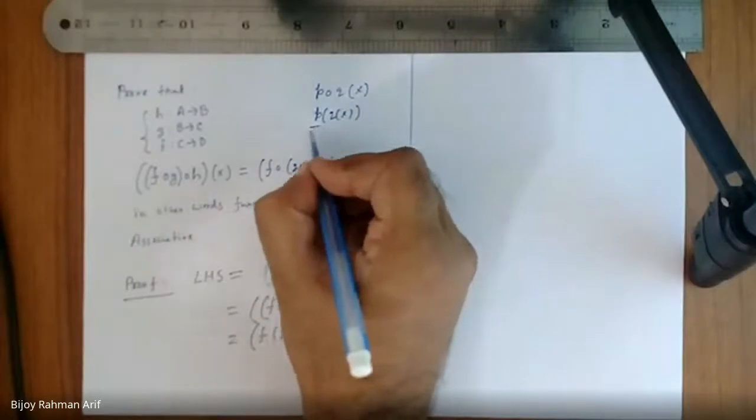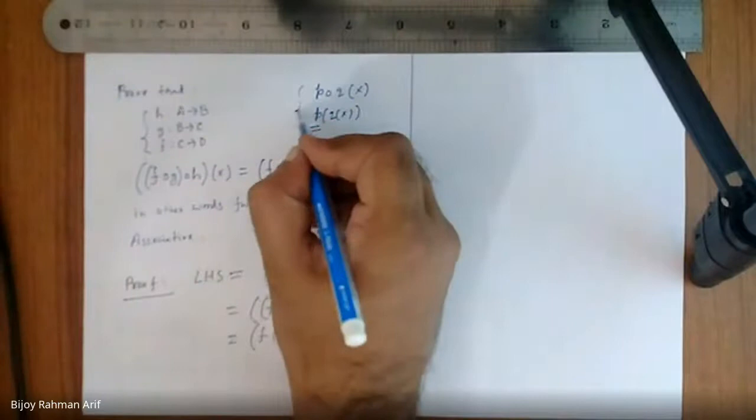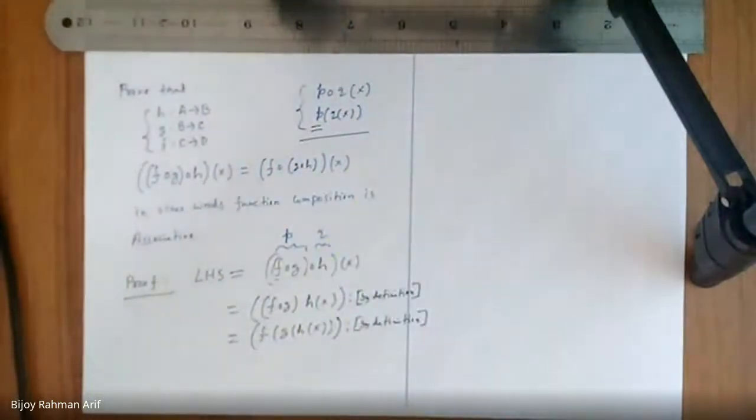Now just put inside the value of p, which is nothing but f composition g, right? Then there is no confusion.